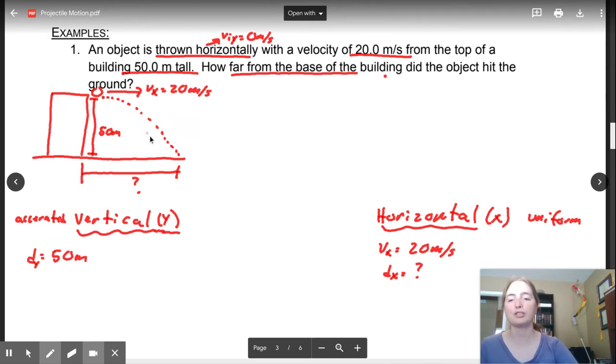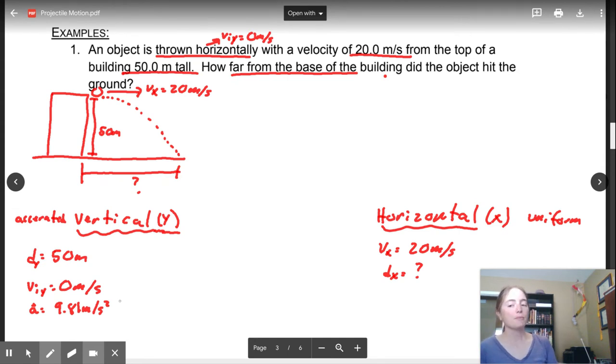Now, what else do we have? Well, remember, because it's thrown horizontally, that means our Vi on the y is going to be 0 meters per second. What is the other piece of information that we have that is implied here? Acceleration. What is the acceleration of an object that's dropped? 9.81. Okay. So ladies and gentlemen, we need to think about our direction.